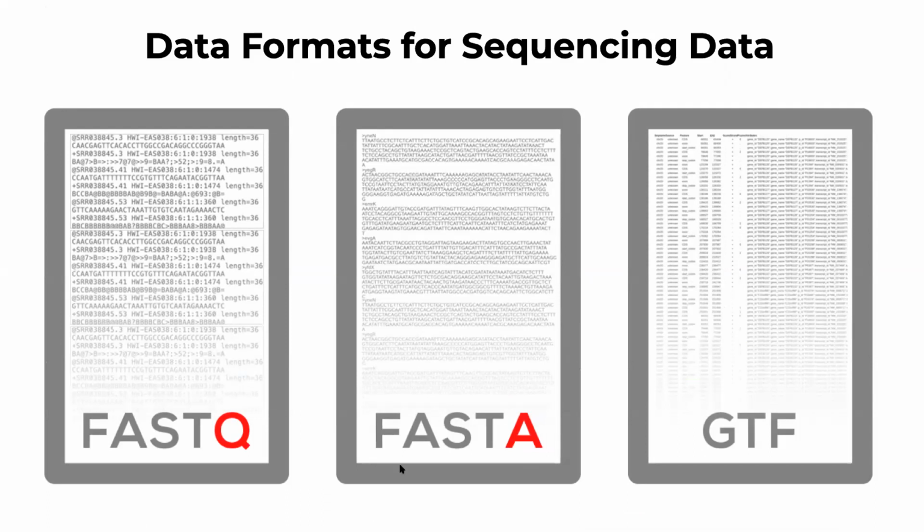The FASTA is typically used as a reference genome, so we actually map the short reads onto the reference, which is included in a FASTA format. And then we also have the annotation. The annotation is oftentimes included in what's called the genome transfer format, or GTF, and also sometimes called GFF. Okay, so that includes the information about each particular gene or exon or any kind of a genomic element in our data.